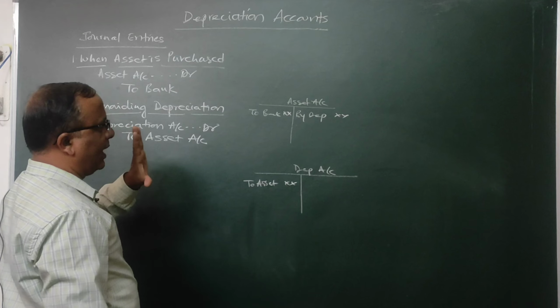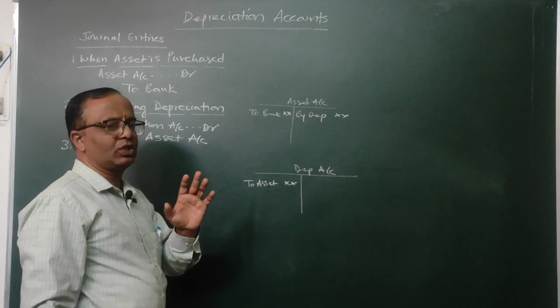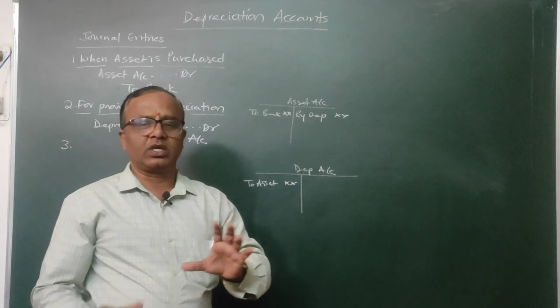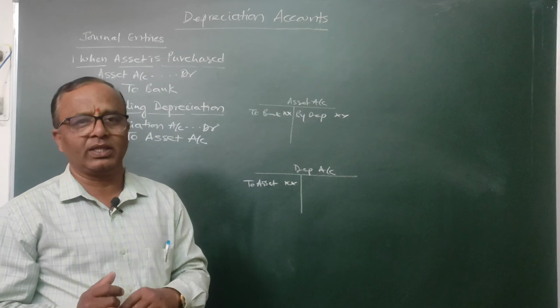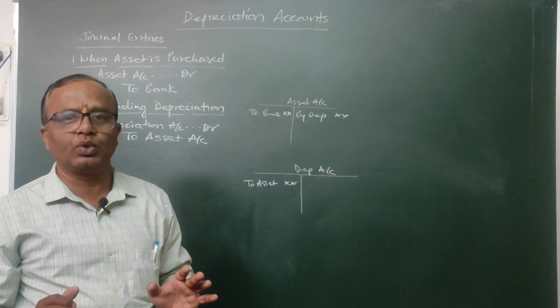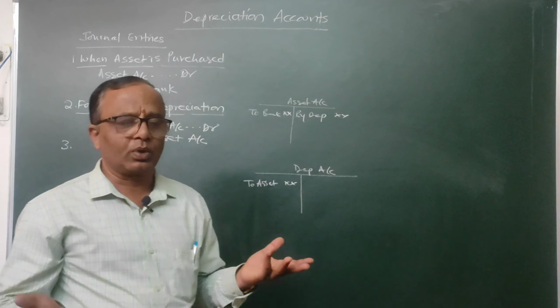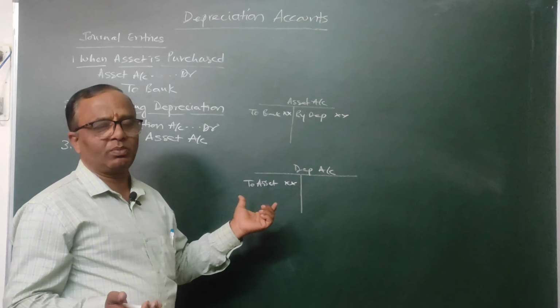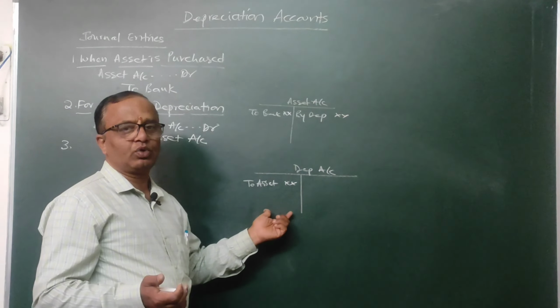Now see, at the end of the year, you should remember this accounting concept: all nominal accounts will be closed and their balances will be transferred to the trading or profit and loss account. So depreciation, being an expense, we should transfer to profit and loss account.